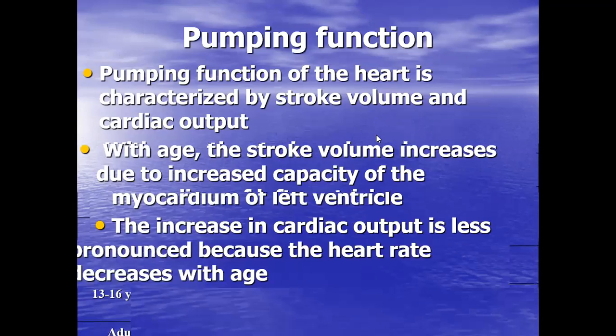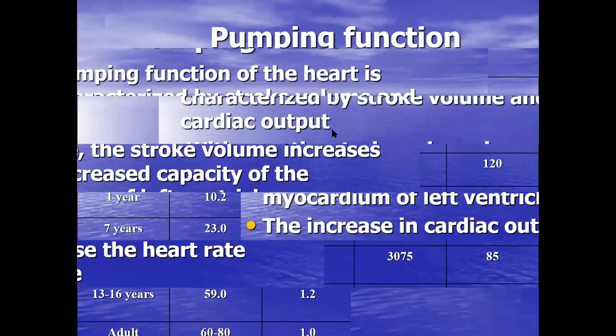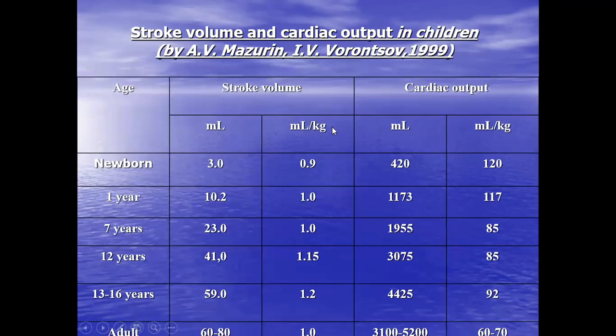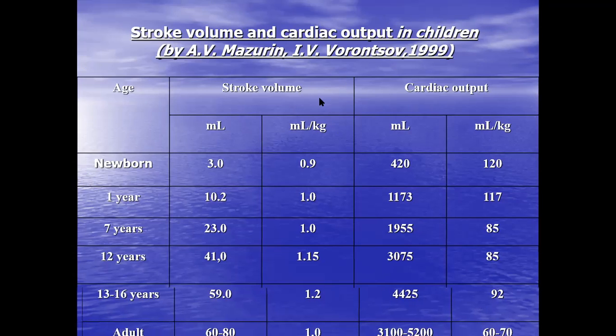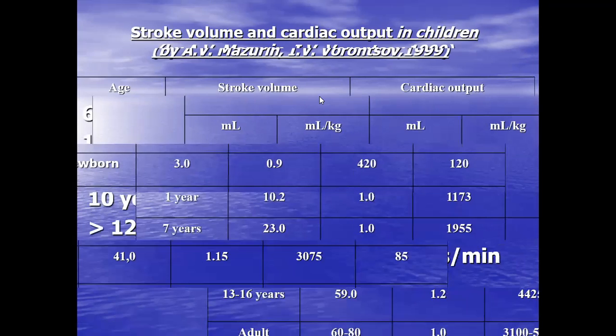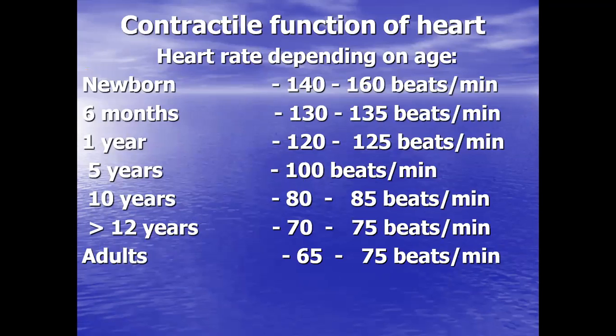And on this picture you can compare the increase of stroke volume and cardiac output in children of different ages. And for the contractile function of the heart, you can see the heart rate. Also, the heart rate depends on the age.